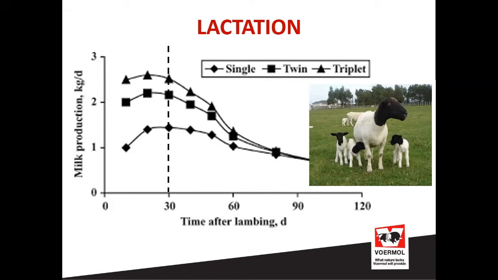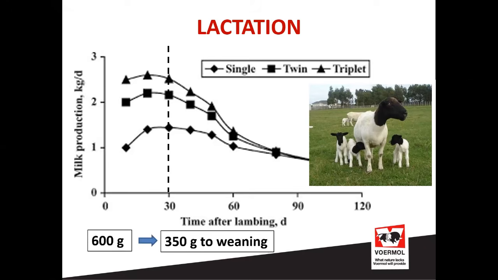So why this is important, why you need to understand the milk curve of an animal, is to feed the correct lick intake. So there's no need to continue with a high lick intake 30 days after milk in the case of our sheep production systems, because it's a natural process for milk to decrease.